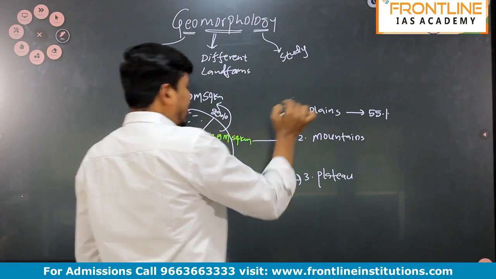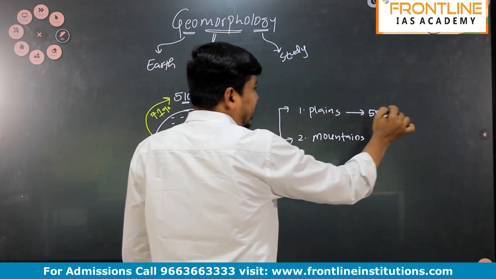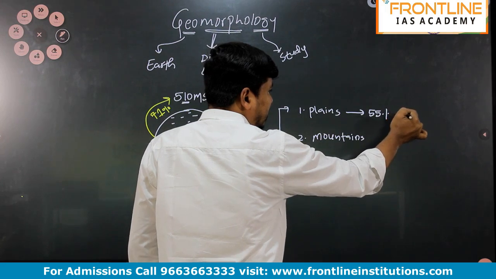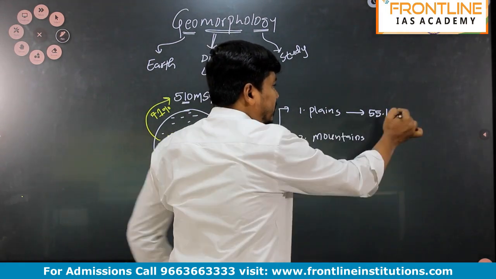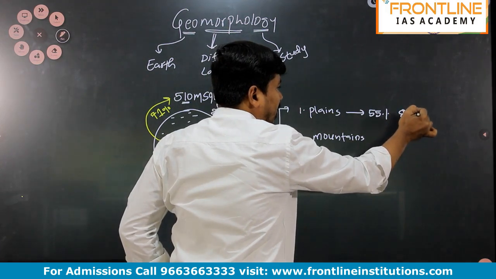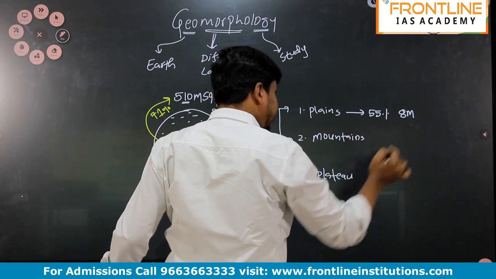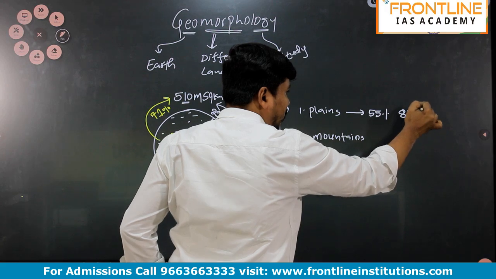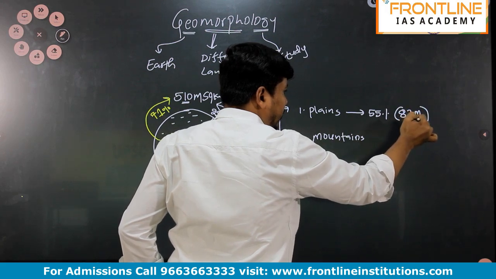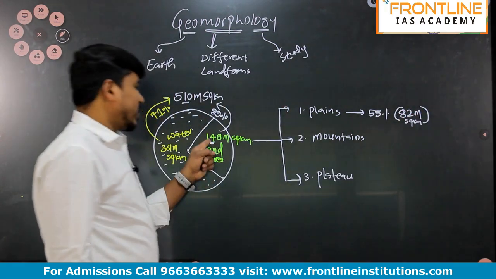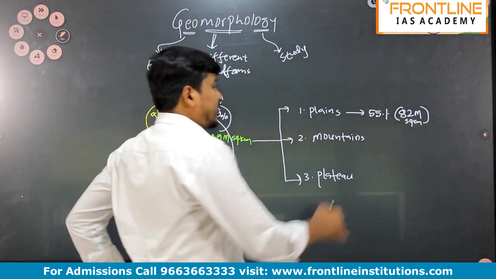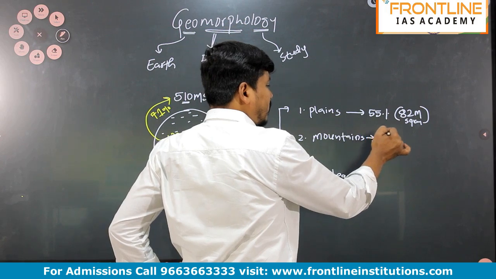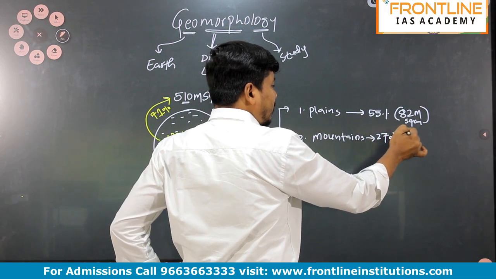Out of 149 million square kilometers, plain is 55%, meaning almost 82 million square kilometers. And mountains account for 27%.